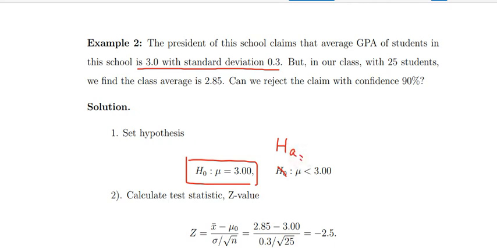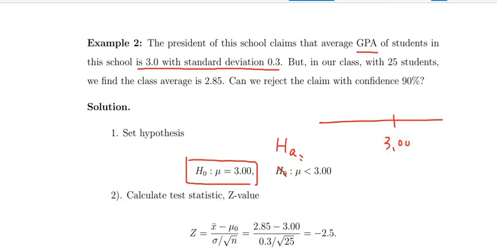So HA is like good or not good. If some people say good, we will check, and we will say maybe not so good, right? So what does good mean? Here we're talking about GPA.